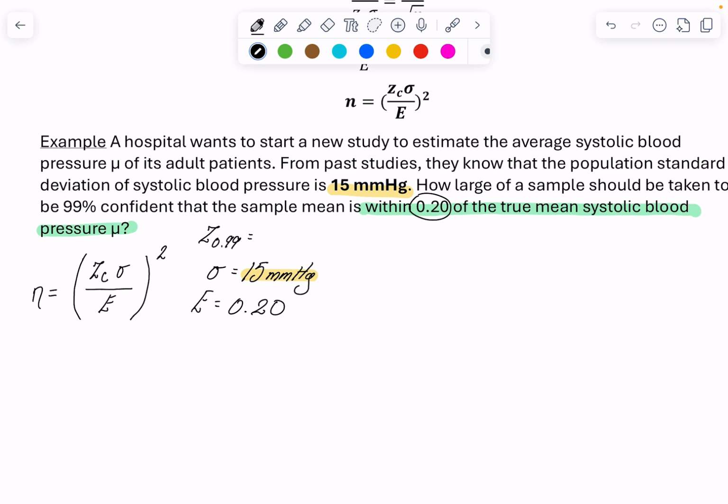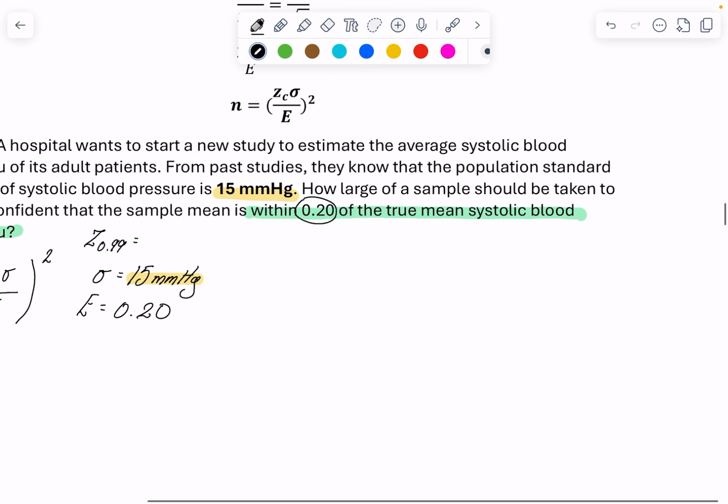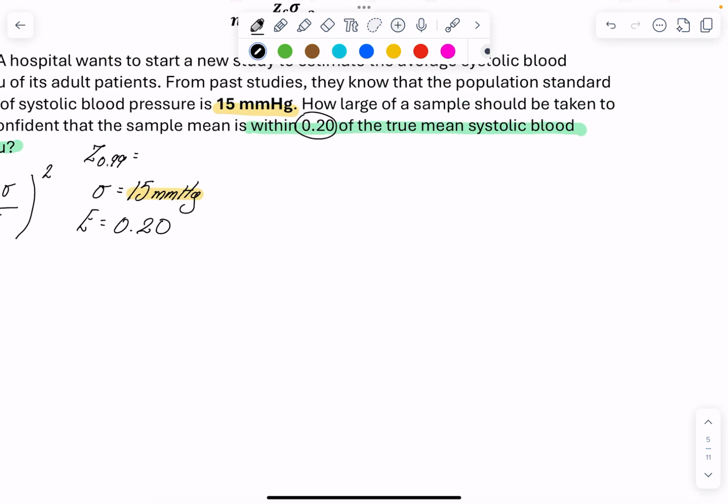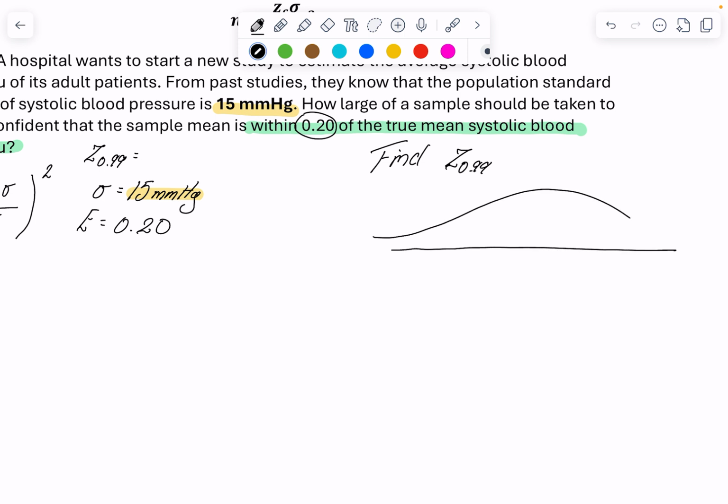So before we find our sample size though, we're going to have to find our critical value. So when we're finding our critical value, we're going to want to draw it out. So I'm going to take this right-hand side to find the critical value. First step is always to draw it out. And we really don't have a lot of space for our tails here, so I'm going to draw them super close to the edge of our drawings.